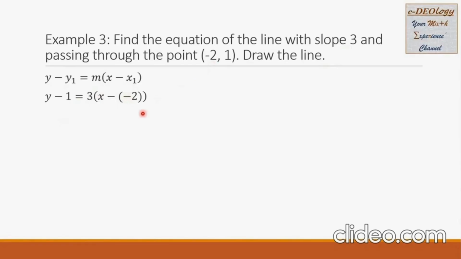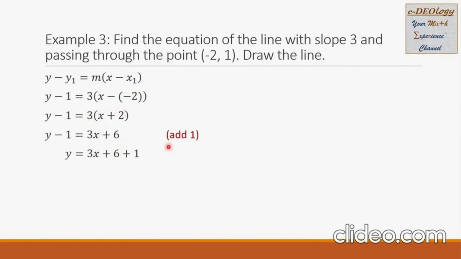Let us simplify further. The minus of negative 2 becomes plus 2. So we have now y minus 1 equals 3 times the quantity x plus 2. We will multiply now this 3 to x. It becomes 3x. Then 3 times 2 is plus 6.